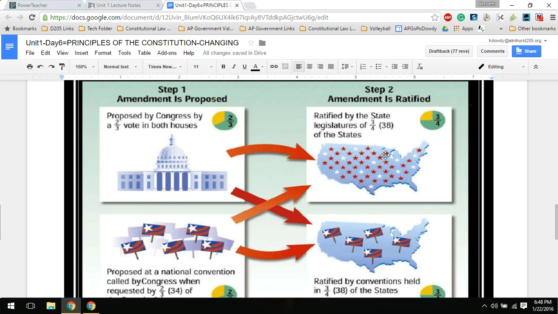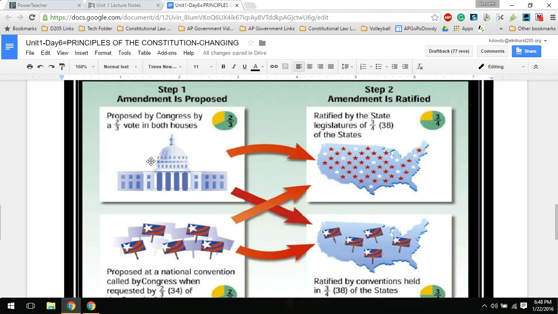Then it goes to the states, and you need a 3/4 or 75% vote of the states, 38 out of 50. Very, very difficult to do. And I'm going to focus on this because this is the manner, the vehicle in which these 17 amendments that have occurred have been ratified. So again, you have the national step, you have the state step, and it doesn't happen very often.